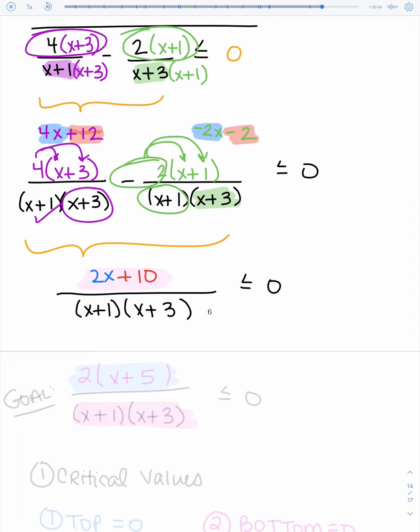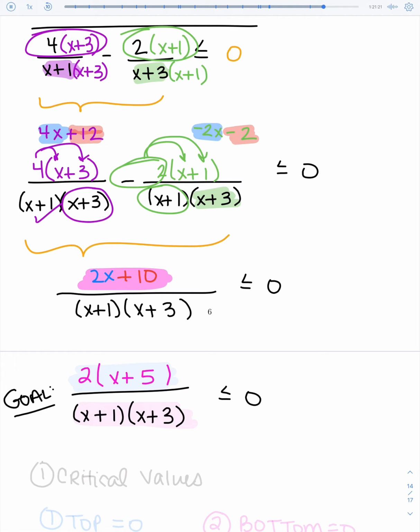Your numerator, your 2x plus 10, can factor by pulling out a 2, which will leave you with an x plus 5, but notice that nothing's going to cancel, which is good. We still have our x plus 1 and our x plus 3 on the bottom, and it's still less than or equal to 0. And remember, this was our goal. We want one big fraction, no matter how messy it is, and 0 on the other side.